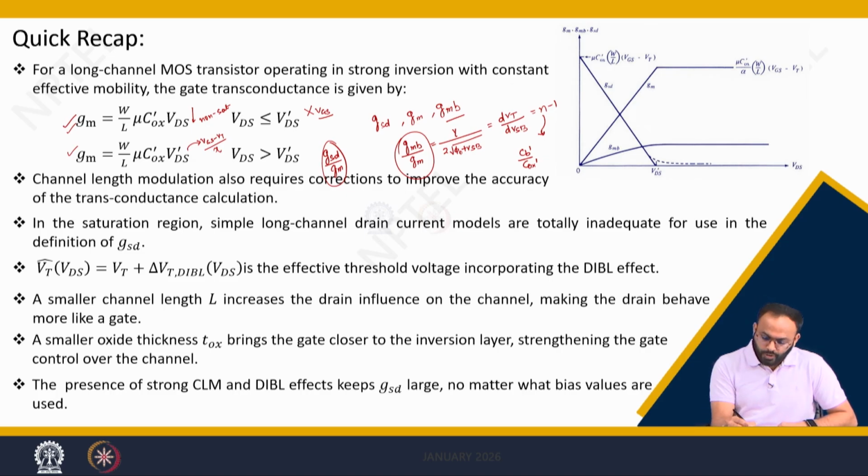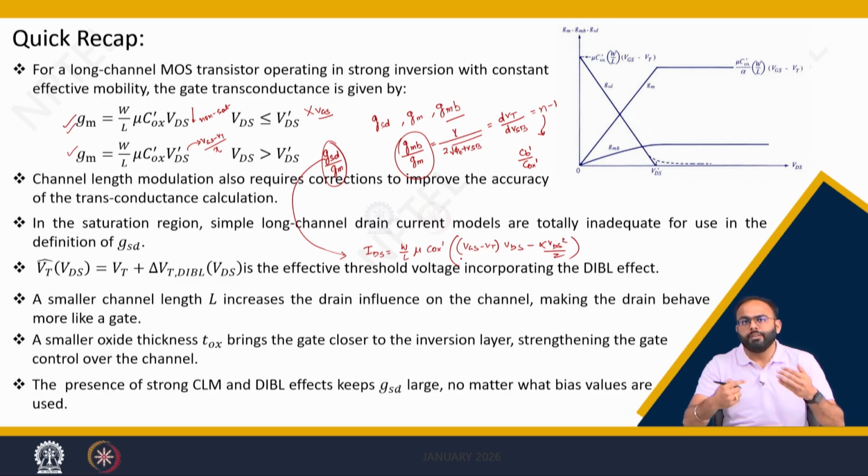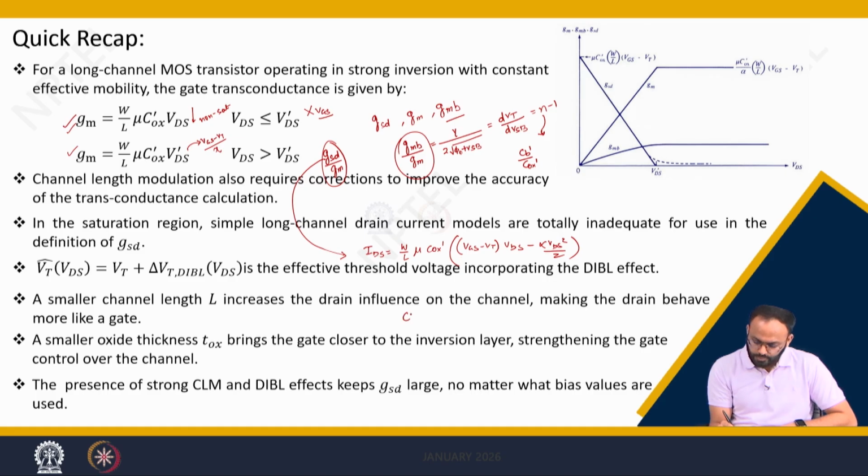We said that to calculate GSD, we cannot simply use the simplified model of current, which is IDS equals W by L into mu into Cox dash into VGS minus VT into VDS minus alpha into VDS square divided by 2, because when you calculate the derivative of this current equation, the error will increase. Hence you need to include the correction factors or the second order effects in terms of CLM, channel length modulation, and in terms of DIBL, velocity saturation, etc.